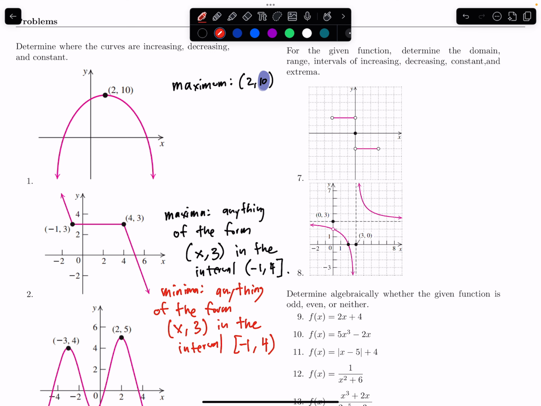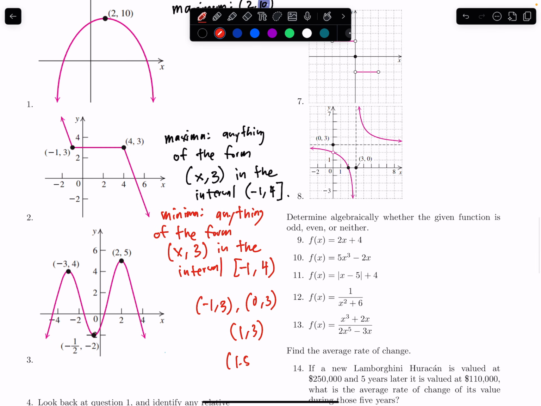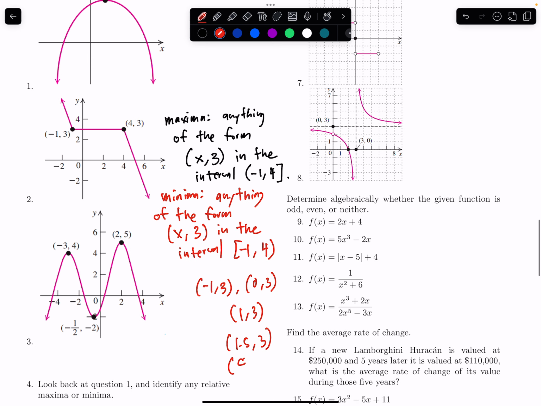So when I say anything of the form x, 3 in that interval, that means I get things like -1, 3, for instance. I get things like 0, 3, 1, 3, or 1.5, 3, all the way up until 4, 3. These are all points that would be of this form in this interval.